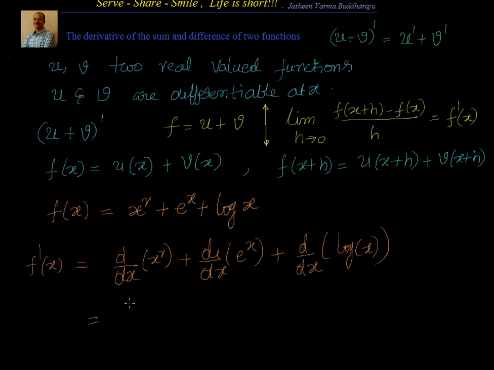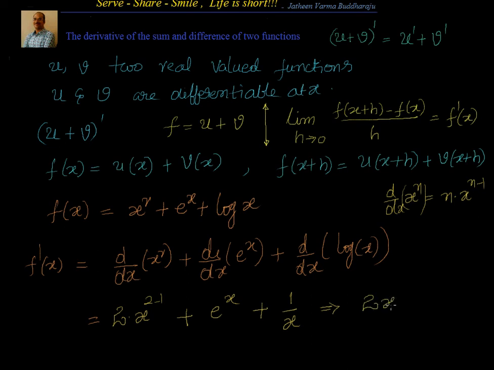Derivative of x square is 2 into x to the power of 2 minus 1, coming from the formula derivative of x to the power of n equals n into x to the power of n minus 1. Similarly, derivative of e power x is e power x, and derivative of log x is 1 by x. So the answer will be 2x plus e power x plus 1 by x.